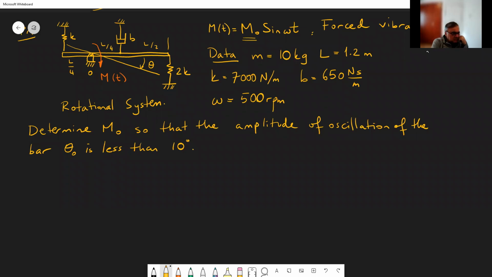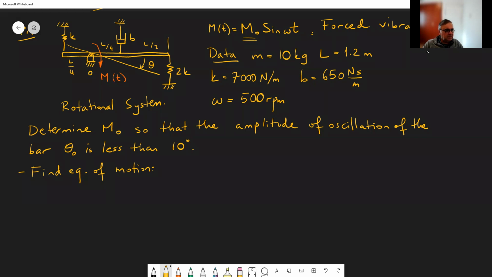So it might be a little bit difficult. Actually, it takes a few steps here. First of all, we have to find the equation of motion. Then we have to apply all those formulas.